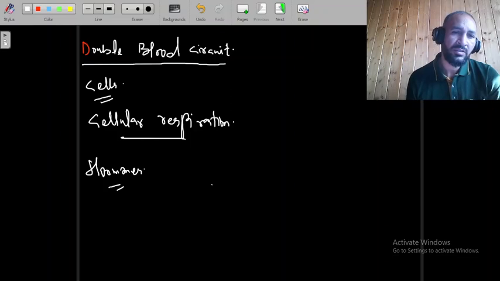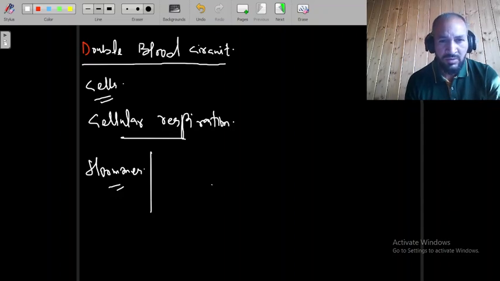Is there just one type of transport system that we find in vertebrates? No. We find two different transport systems in vertebrates.